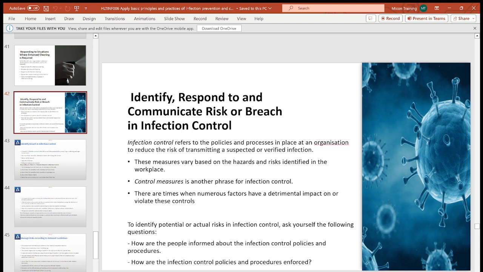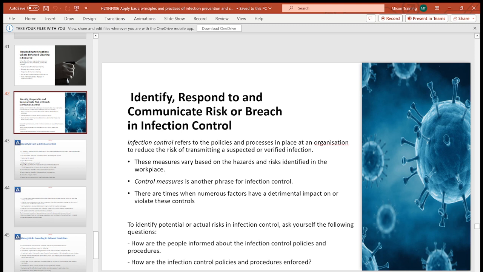So infection control refers to the policies and processes in place in each and every organization, and this is done in order to reduce the risk of transmitting a suspected or verified infection from one person to another. This measure varies based on the hazard and the risk identified in your workplace. We working in the healthcare sector understand the vulnerability of the people that we are working with.